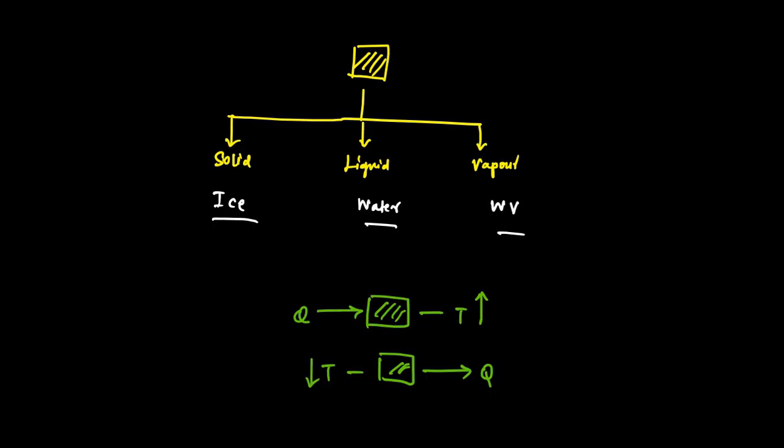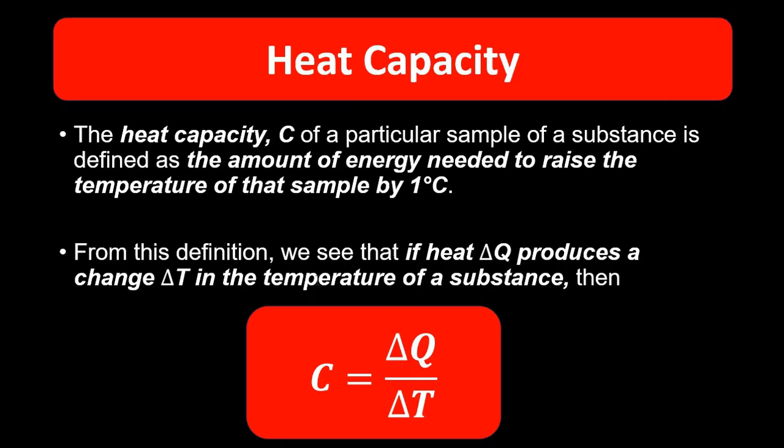We also know the basic principle that if two objects are at different temperatures, one at a higher temperature and one at a lower temperature, heat flows from higher to lower till both temperatures are equal, which is called the thermal equilibrium temperature. This is quantified through the concept of heat capacity, which is the amount of heat required to raise the temperature of a substance of any mass through 1 degree Celsius.